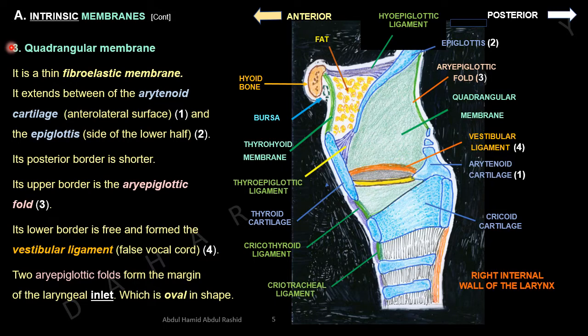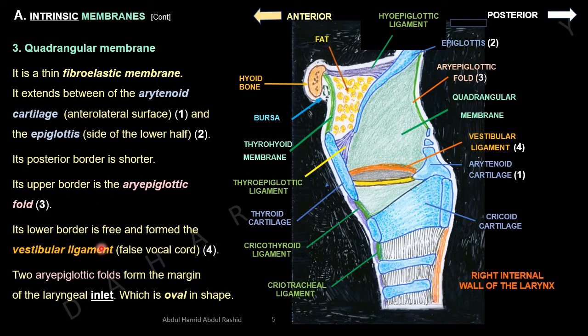Now we are going to talk about the quadrangular membrane. This is the quadrangular membrane. It is made up of fibroelastic membrane. It extends between the arytenoid cartilage and the epiglottic cartilage. Its posterior border is short, but its upper border is long, formed by the aryepiglottic fold.